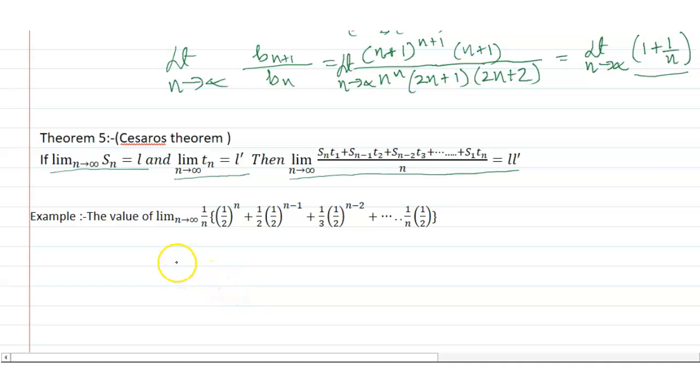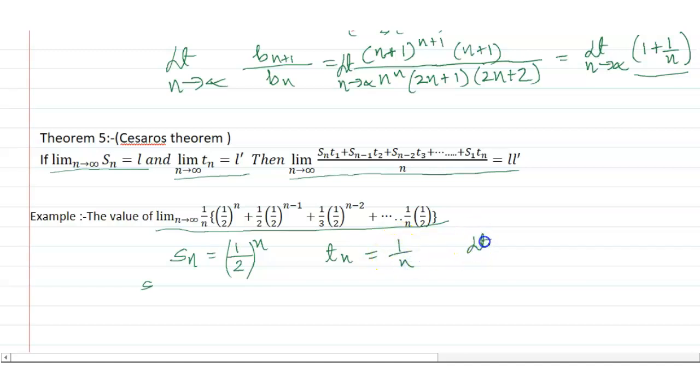Now for example, I have chosen one problem, limit n tends to infinity 1 by n. So friends, you will see that Sn is equal to, in here, 1 by 2 to the power n, and you will see that Tn is equal to 1 by n.